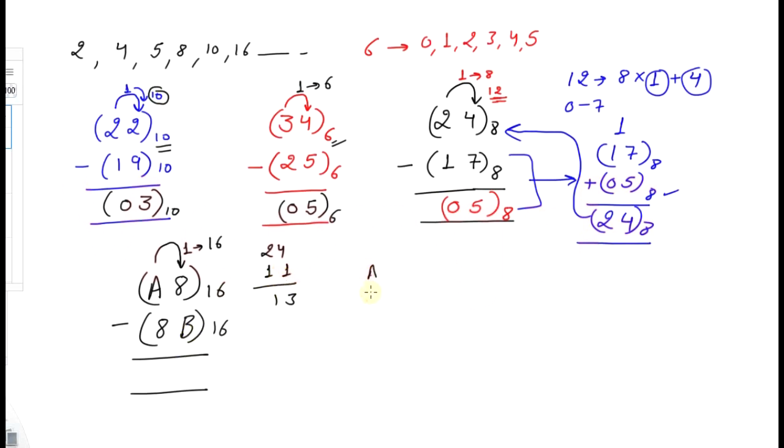A, B, C, D, E, F is 10, 11, 12, 13. So 13 is D. So here it becomes D. Now because we have taken one borrow from here, this becomes 9 minus 1, 8. So it becomes 1, 8. That's it. Now you can do the subtraction in any base system.